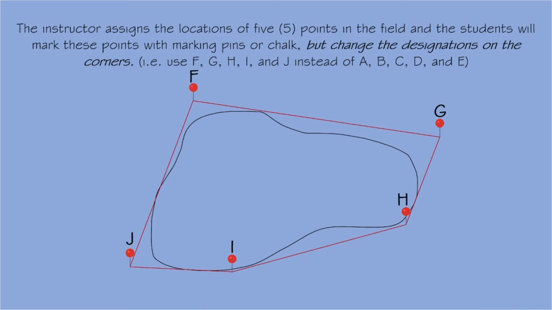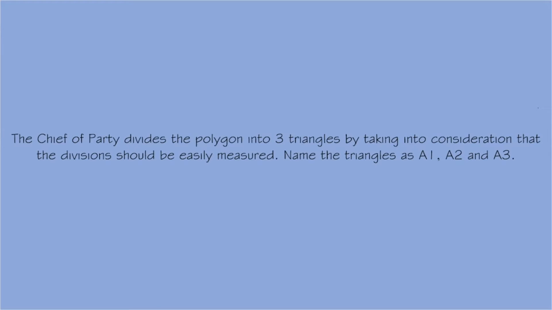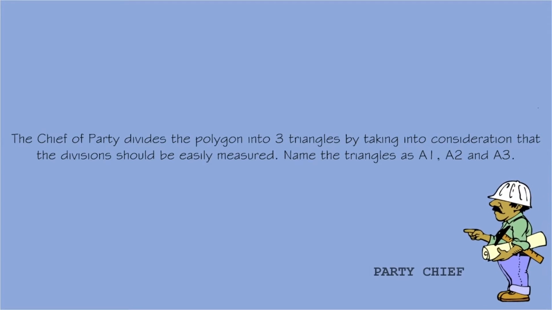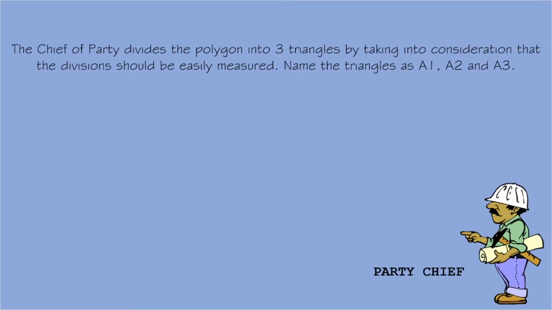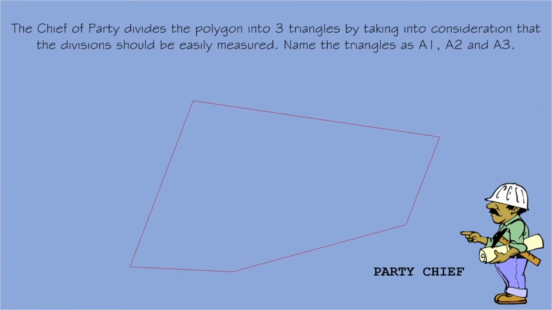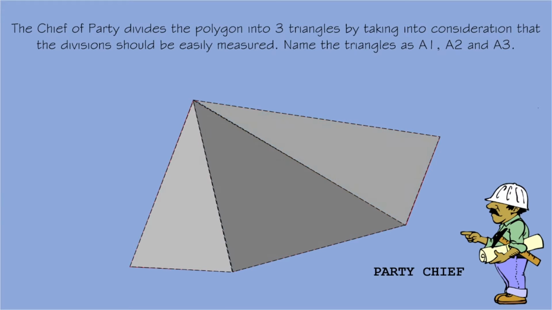In other words, use F, G, H, I, and J instead of A, B, C, D, and E. The chief of party divides the polygon into 3 triangles by taking into consideration that the divisions should be easily measured. Name the triangles as A1, A2, and A3.